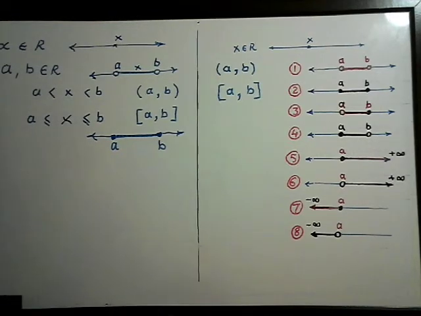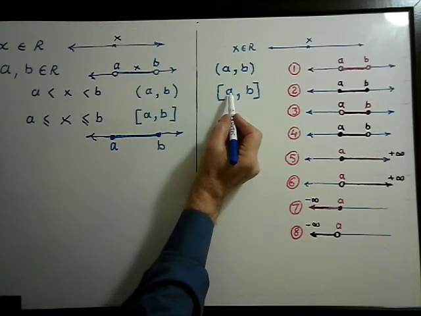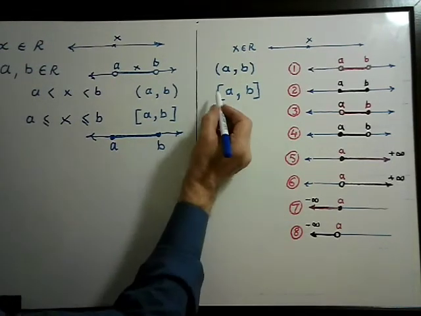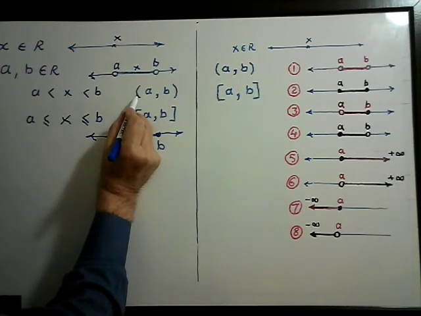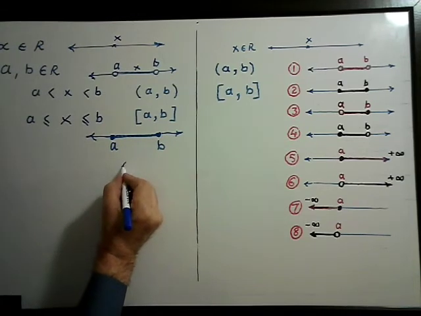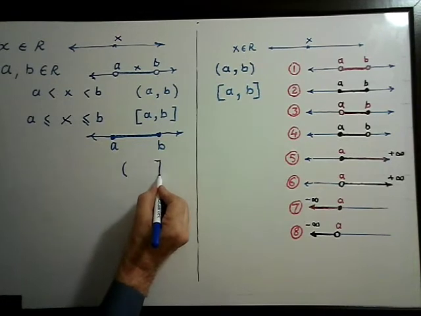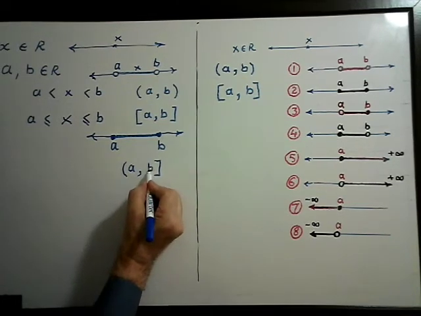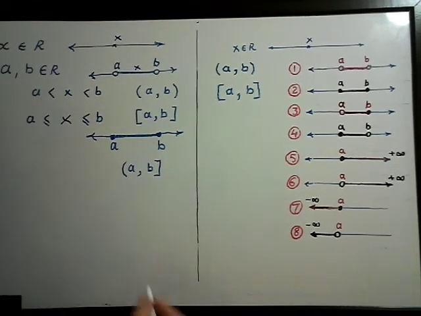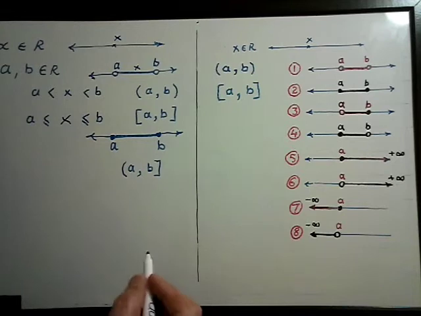Now let us look at the third kind, when only one of these two numbers is included in the interval and the other is not. If a is not included, the bracket is round like this, and at b it will be square like this. This means it's half bound closed or half bound open.